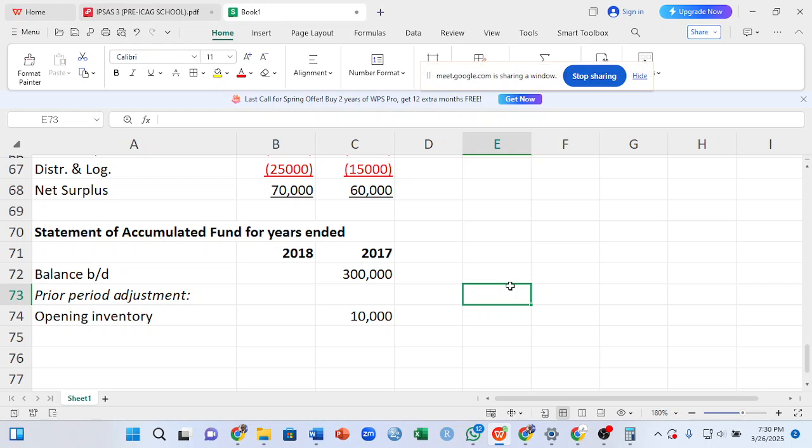Understated. Why do you think it's understated? Because the 10,000 is an asset which needs to be added to the accumulated fund to increase our profit.